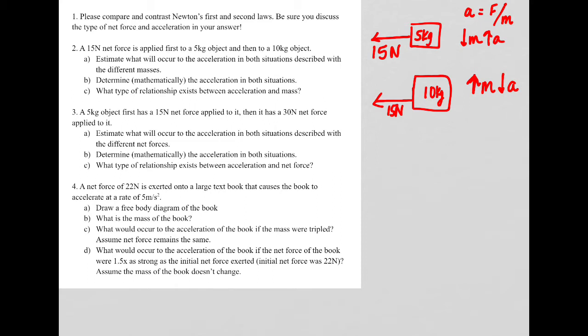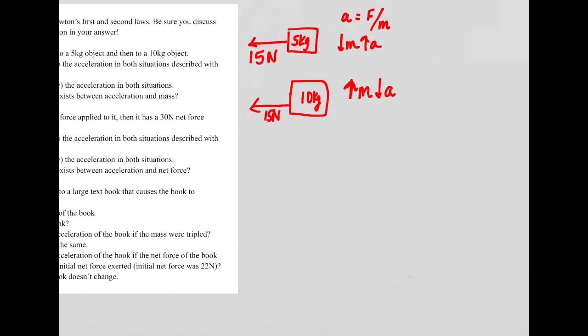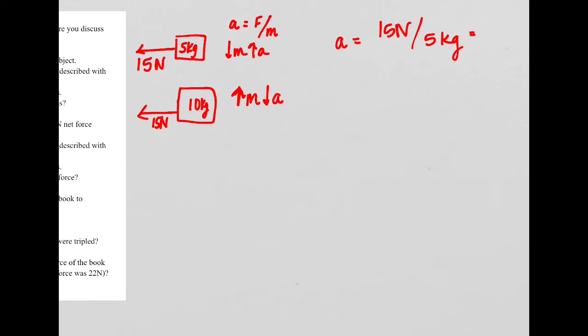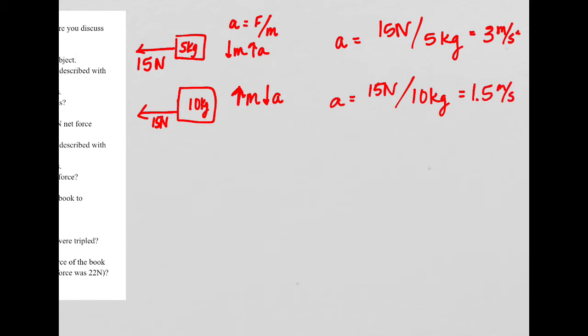Okay, so we could have done it mathematically to prove this. We would say acceleration equals 15 newtons divided by 5 kilograms, and that's going to be 3 meters per second squared. Or down here, 15 newtons divided by 10 kilograms, and that's going to be 1.5 meters per second squared.